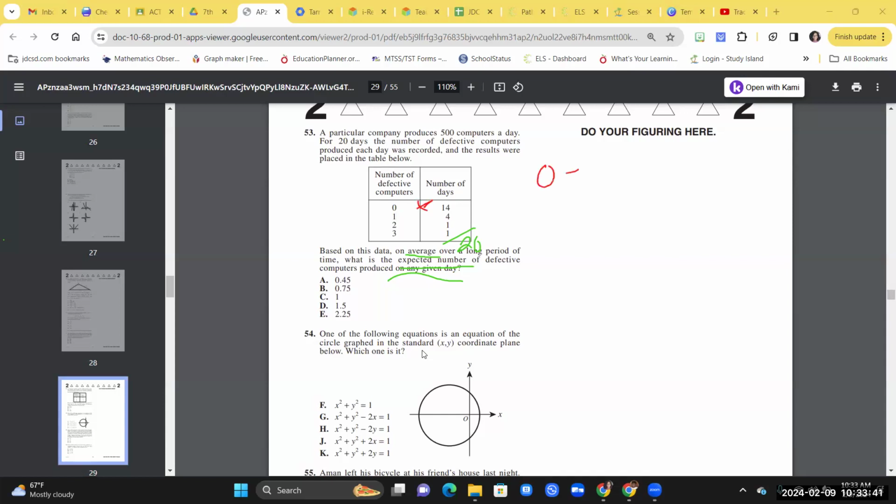That'll give us 0 plus 4 plus 2 plus 3, giving us 9. We have a total of 20 days, so 9 out of 20 equals 0.45.